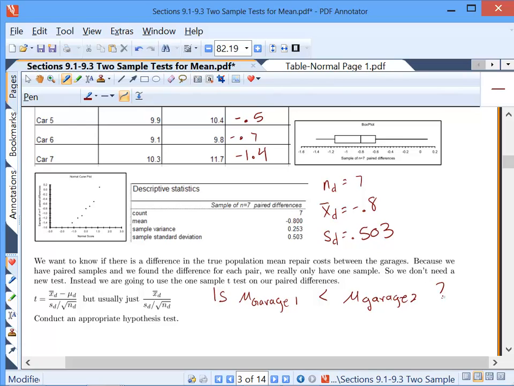So if we look at those two means, then the null hypothesis would be that mu for garage 1 equals the mean for garage 2. Now, if those two population means are different, then what would you expect for the mean of the differences?